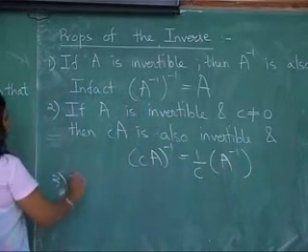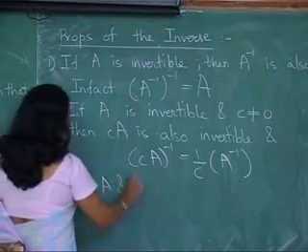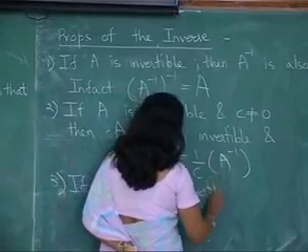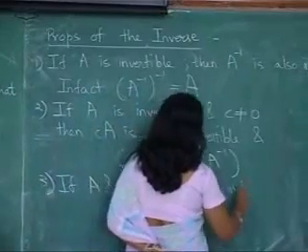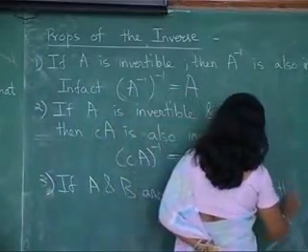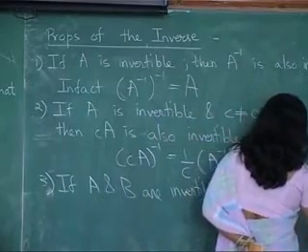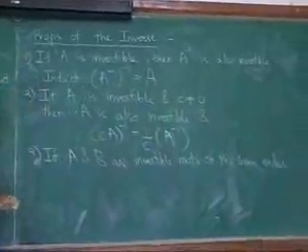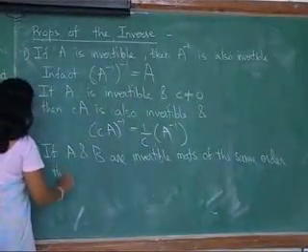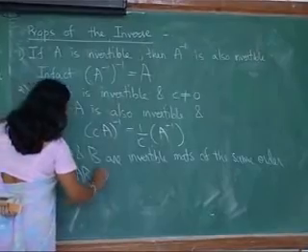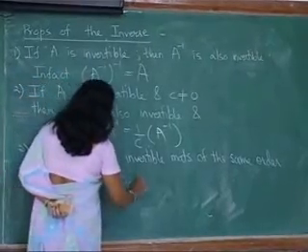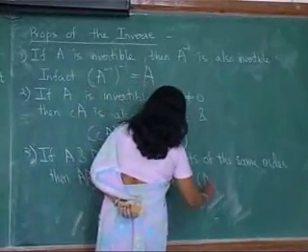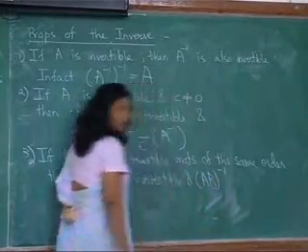And the last property is, if A and B are invertible matrices of the same order, this is just so that we can multiply them, then their product is also invertible, and we have a nice formula for the inverse of the product.